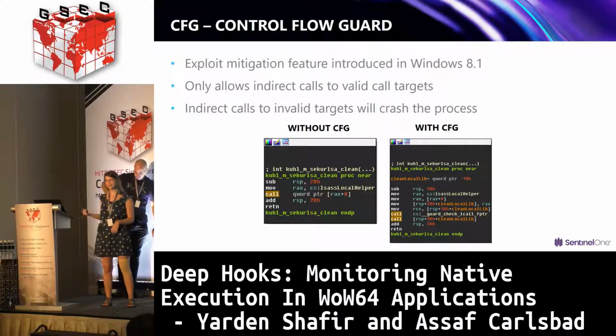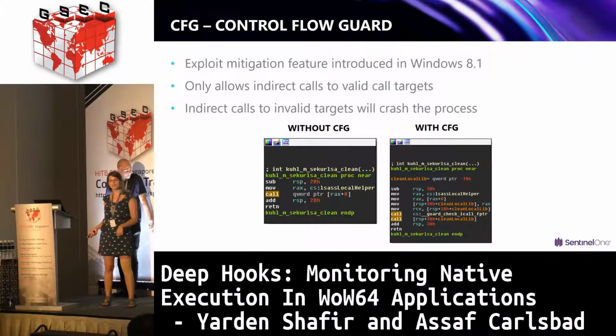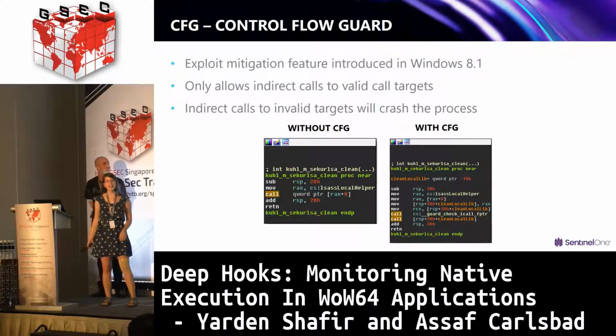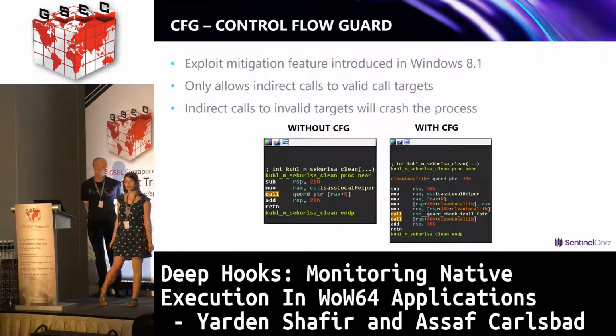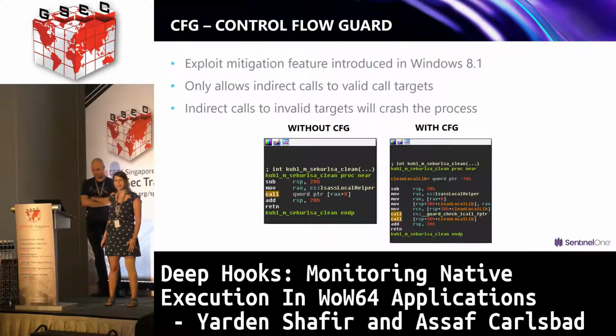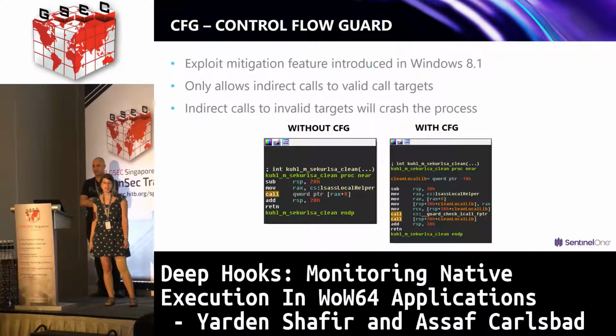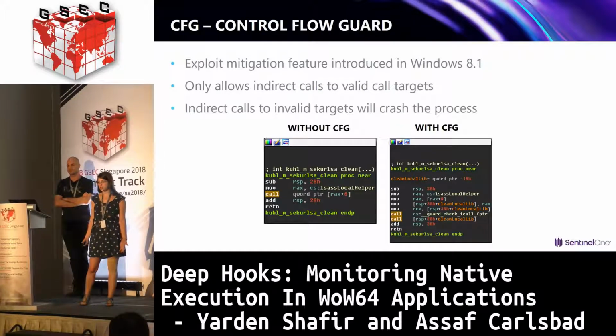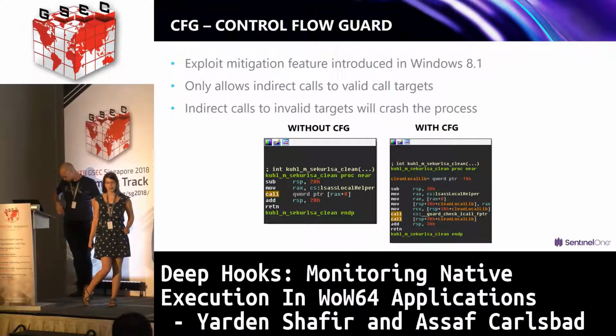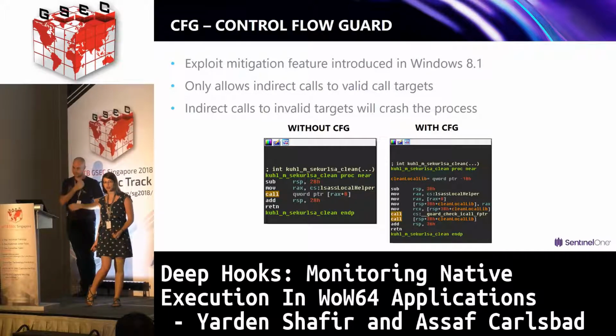For those of you who don't know this feature, CFG is an acronym for Control Flow Guard. It's a relatively new exploit mitigation technique introduced by Microsoft in Windows 8.1 and enhanced in Windows 10. This is a compiler-enabled mitigation that is meant to prevent memory corruption vulnerabilities by preventing indirect calls to non-legitimate call targets.